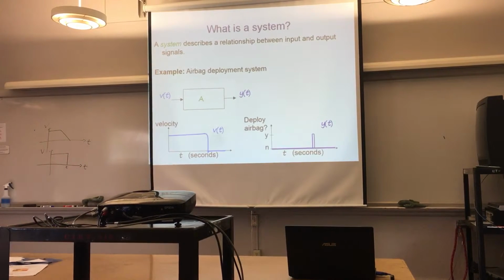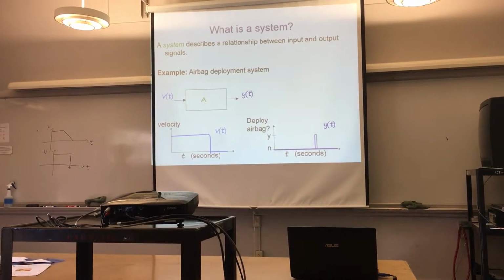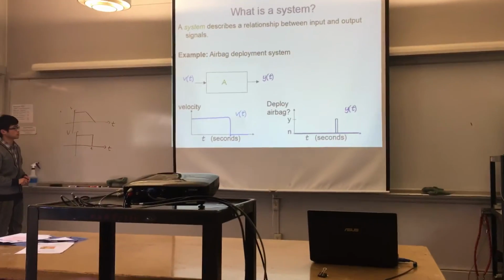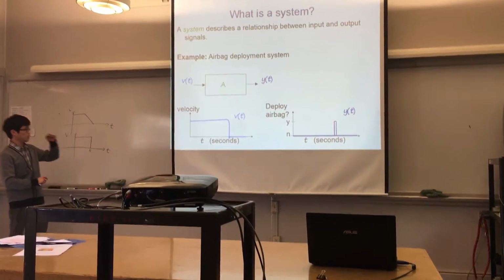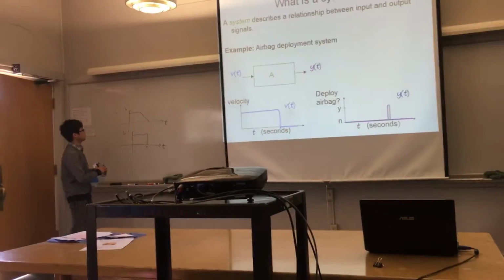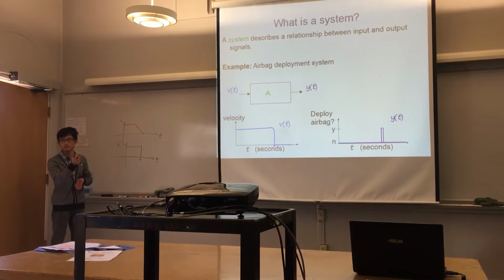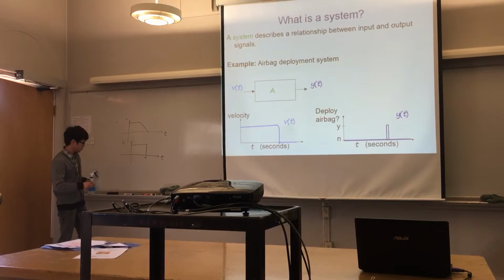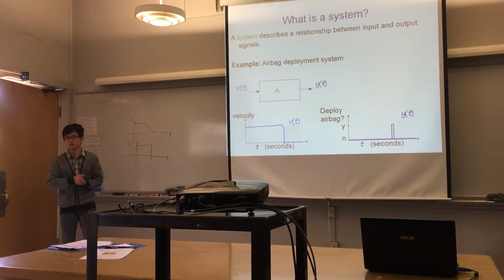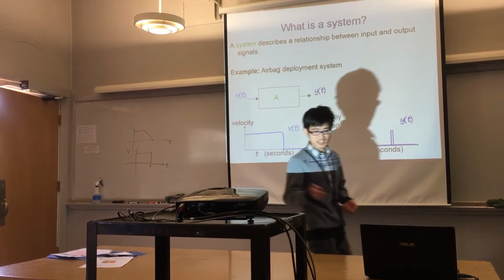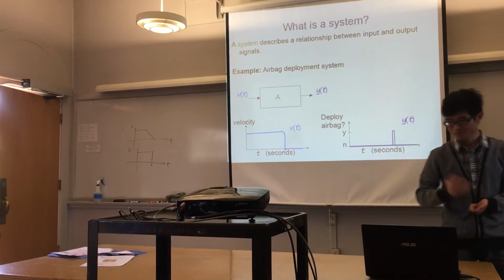Let me repeat what she said. She said that we can model this crash as a change of the speed in terms of the time interval. Is that clear to everyone? So actually, she is a good teacher.